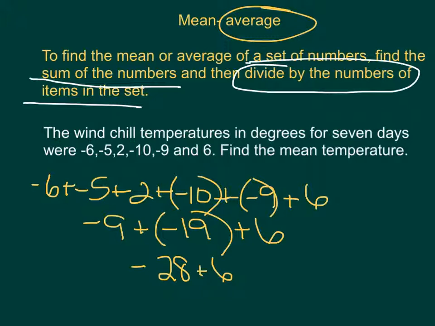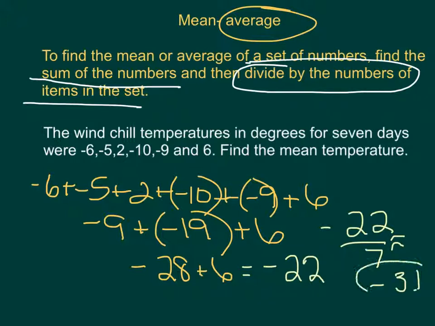So here we would have negative 22 would be the number that we have for our sum. But then we have to take 22 and divide that number by 7, which would get us approximately negative 3.1.